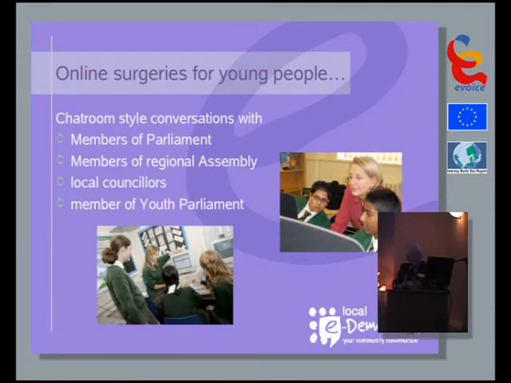We always had some local councillors, and our Member of the Youth Parliament took part in most of them as well. In one case, she was on the asking questions side, and the other, she was the person being asked. And that produced some fascinating issues, and was quite an eye-opener for us as representatives.